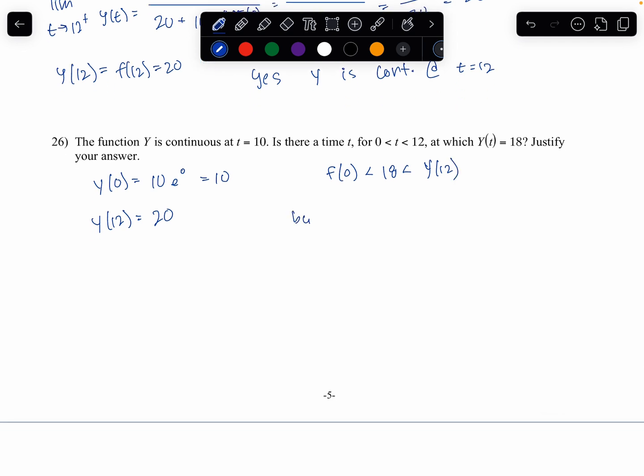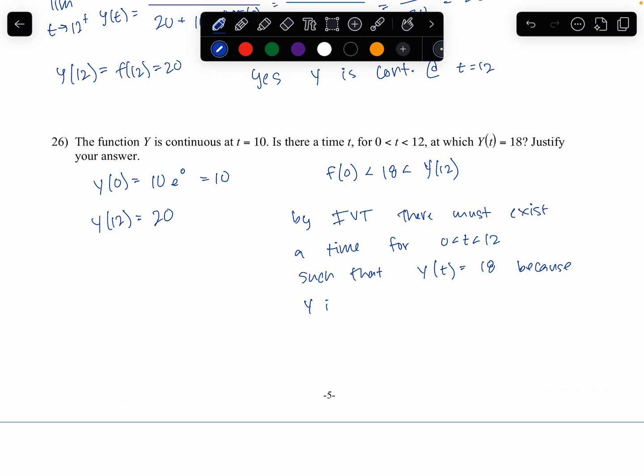Then I'm going to answer by saying, by the intermediate value theorem, there must exist a time t between 0 and 12 such that y of t is equal to 18, because y is continuous.